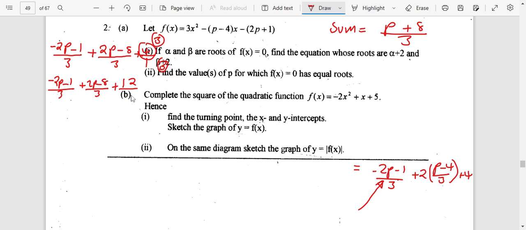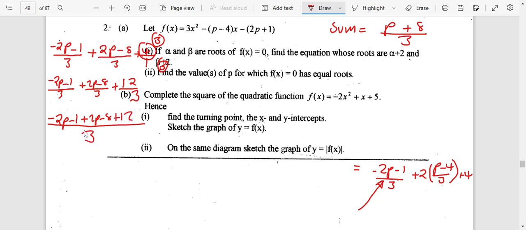And then down 1 times 3, that is going to give us a 3. We can see now that the 3 is common for everything. I'll just put 3 as a common denominator, and then add what is on top. So I've got negative 2p minus 1 plus 2p minus 8, and then plus a 12.